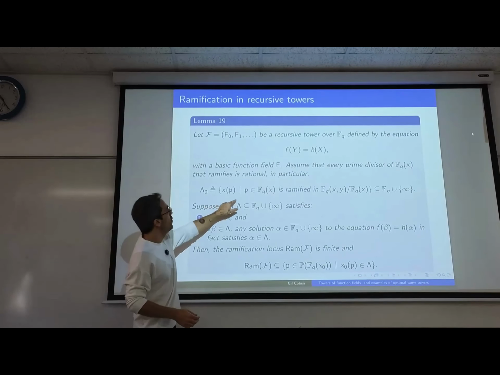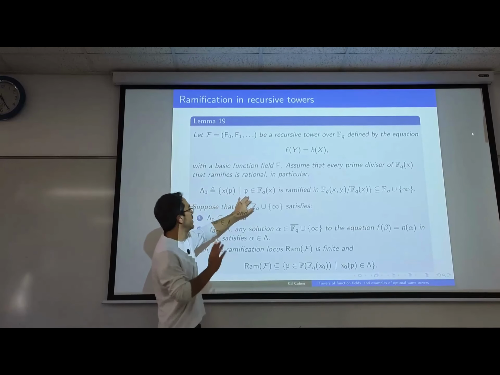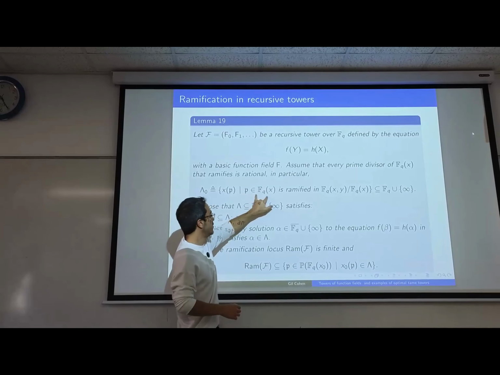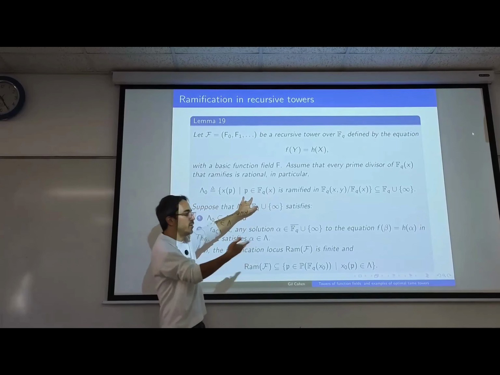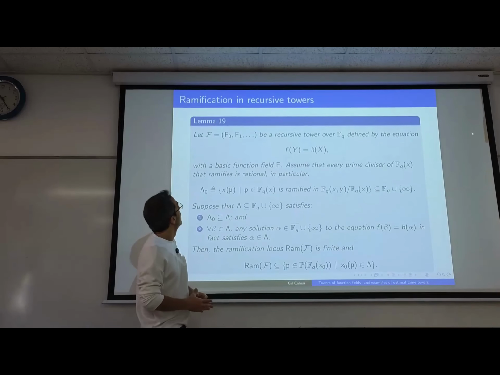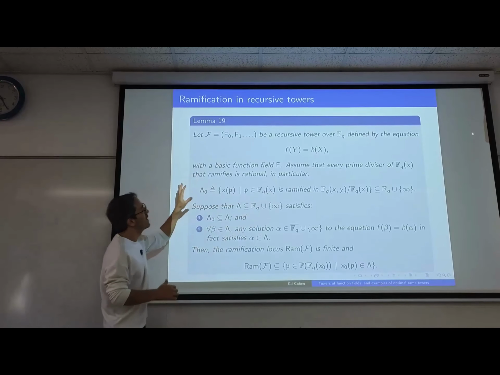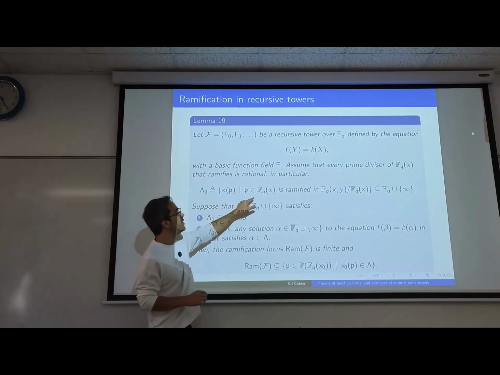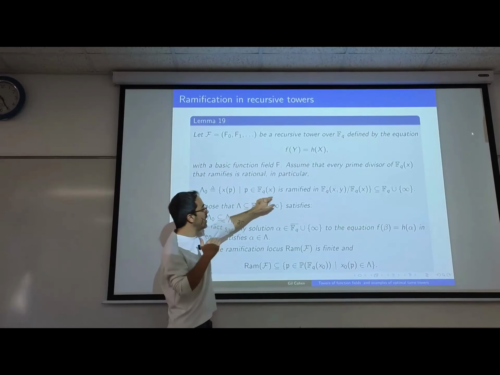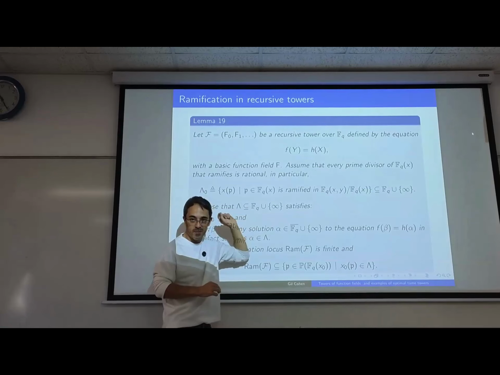So lambda 0. What is lambda 0? Essentially what you're doing, you're looking at all prime divisors, all divisors, not necessarily rational, all prime divisors in the rational function field, essentially irreducible polynomials. You look at all of them, and this lemma is under the assumption, so you can extend this lemma, but I don't want to be too general, that all of the ramification occurs over rational places.